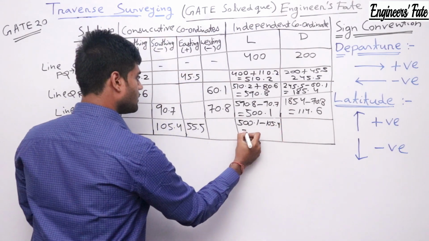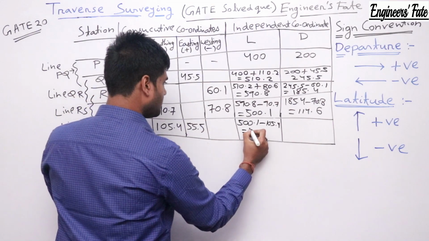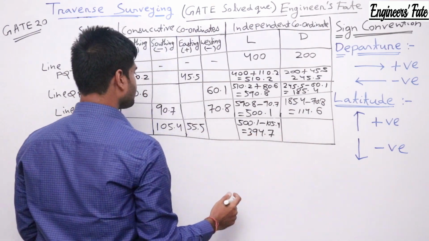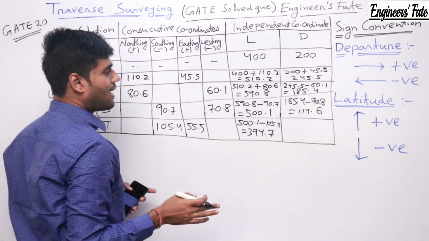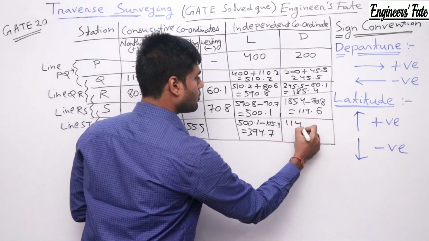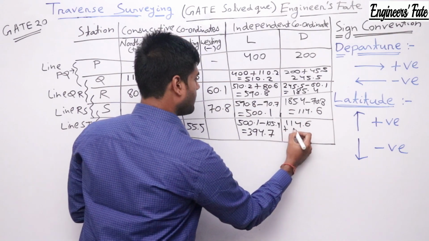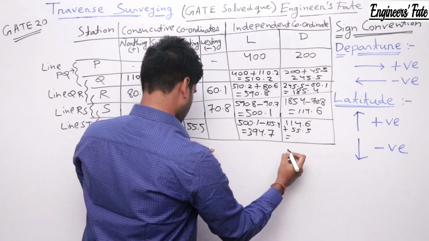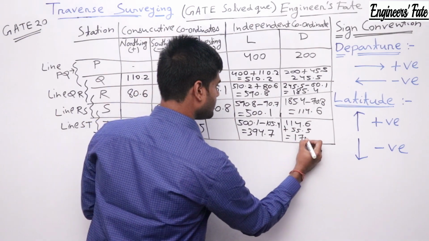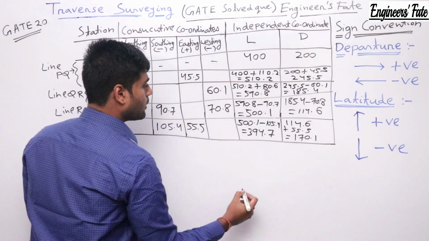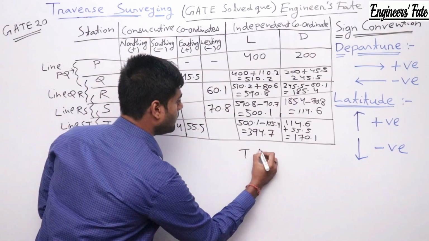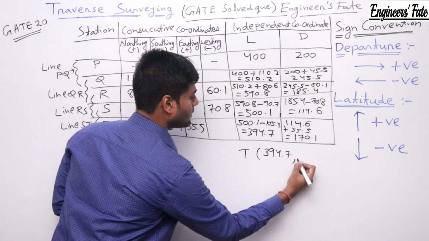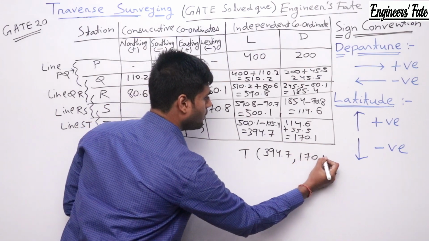If I subtract this, I find 394.7. Easting is given, means I have to add: 114.6 plus 55.5, that will be equal to 170.1. So the coordinate of station T will be, first comes latitude, that is 394.7, then comes departure, 170.1.